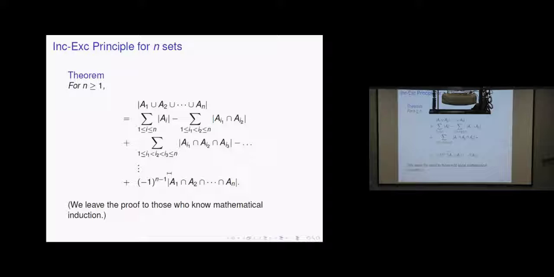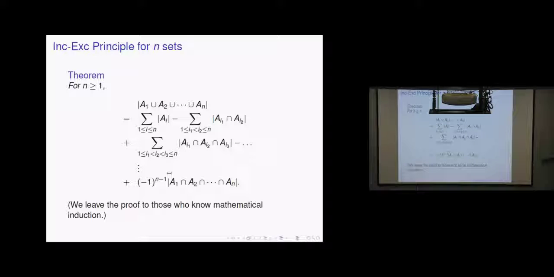So this is inclusion. And I have to exclude all the pairs. I take away all these A_i1 intersect A_i2, where i1 is strictly less than i2, so that gives us all possible pairs.